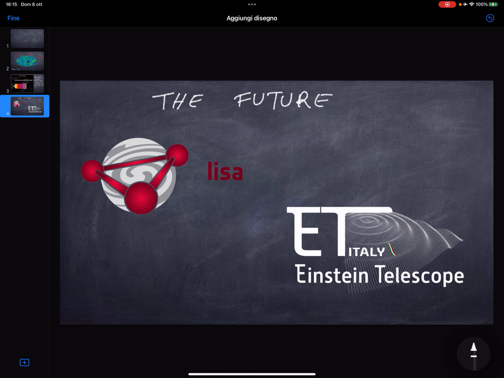The LISA mission has as its specific goal to reveal the primordial gravitational wave background, that is the gravitational wave background from inflation, while the Einstein Telescope will tell us more about many aspects and features of our universe. And among them, it can bring information also about the primordial stochastic gravitational wave background.